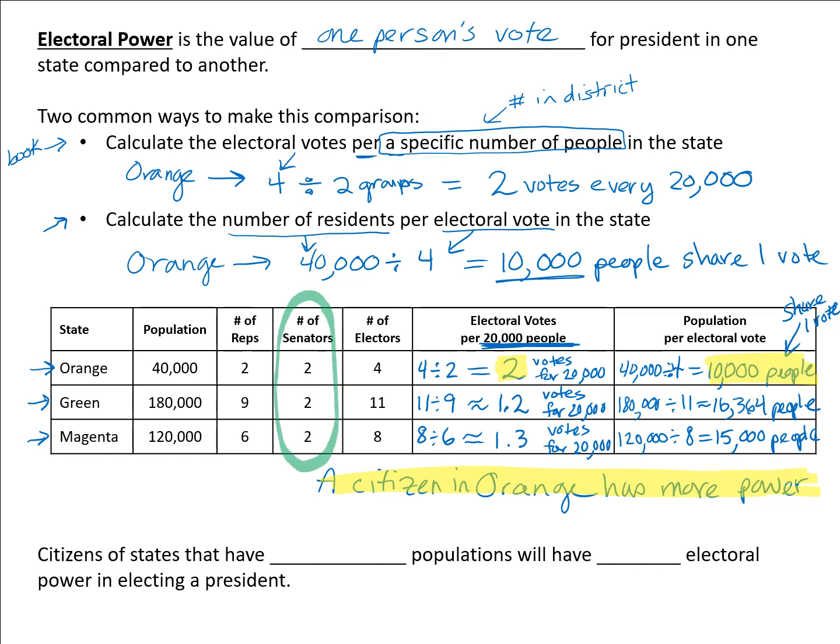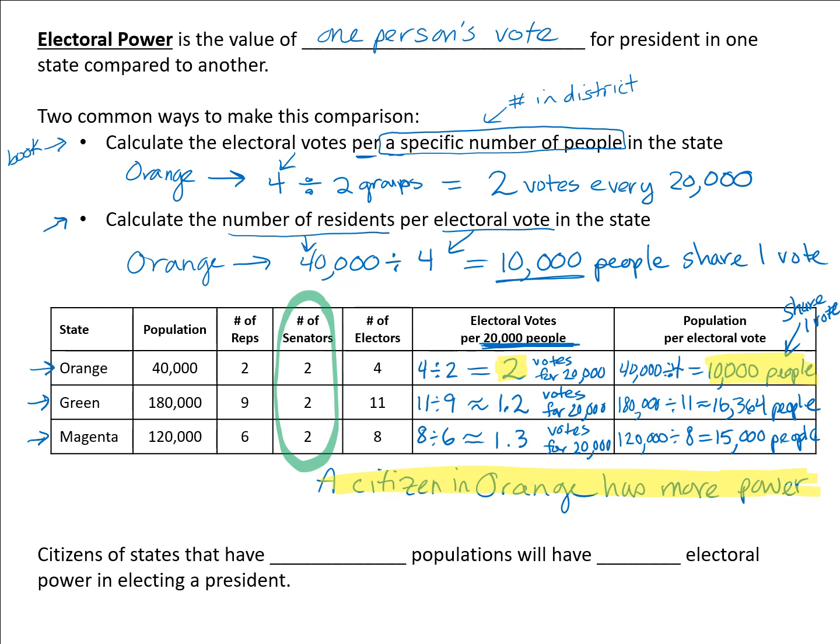The way electoral votes are counted for each state is based on adding the representatives, which is based on population, to the number of senators, and the senators are not based on population. Every state, no matter how big or small, gets 2 senators. And because that's part of the calculation in figuring out how many electors each state gets, those senators make all the states equal, even though the populations are not equal.